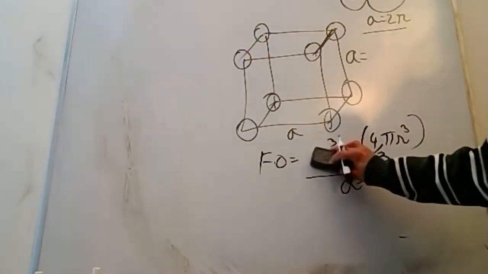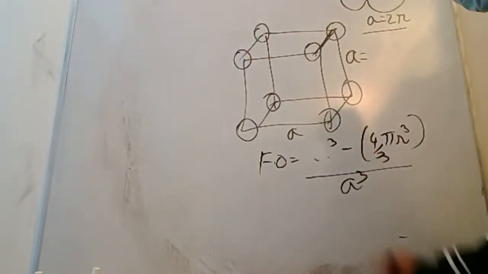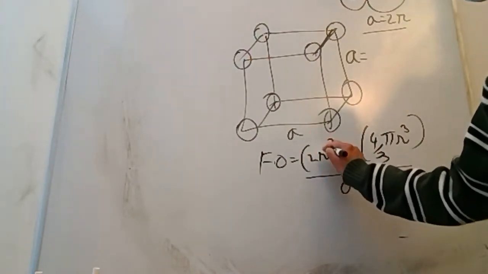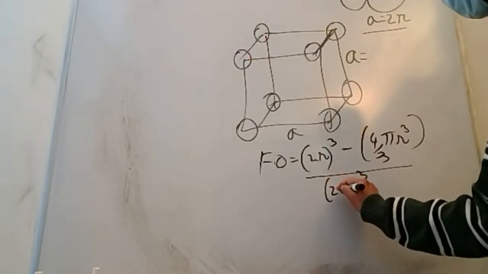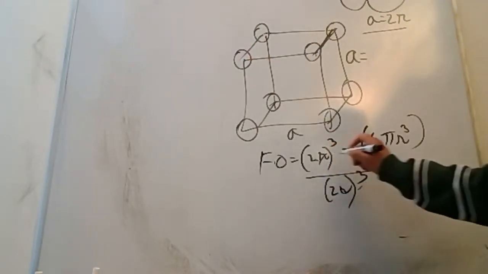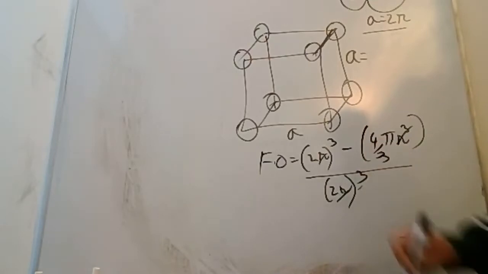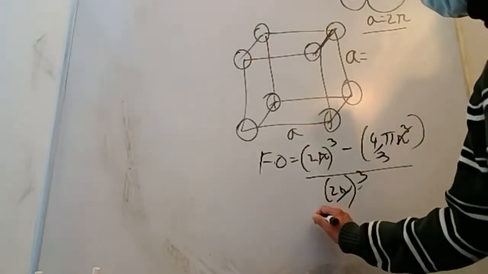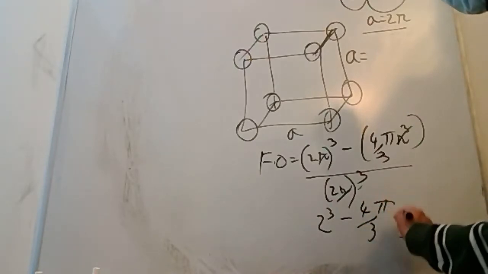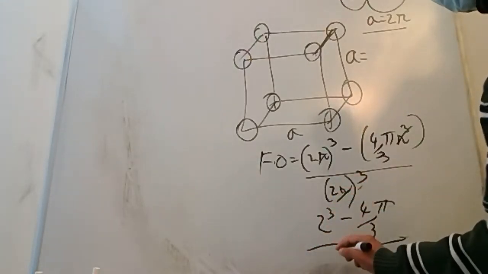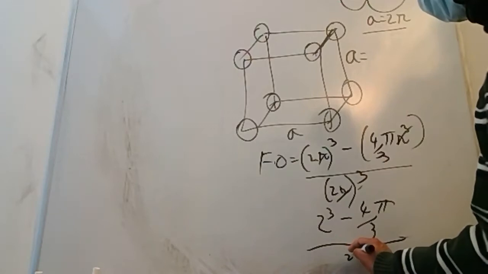So instead of A, we're going to have 2R, and again 2R here. And the R cubes get cancelled. So that will be 2 cubed minus 4/3 pi, divided by 2 cubed.